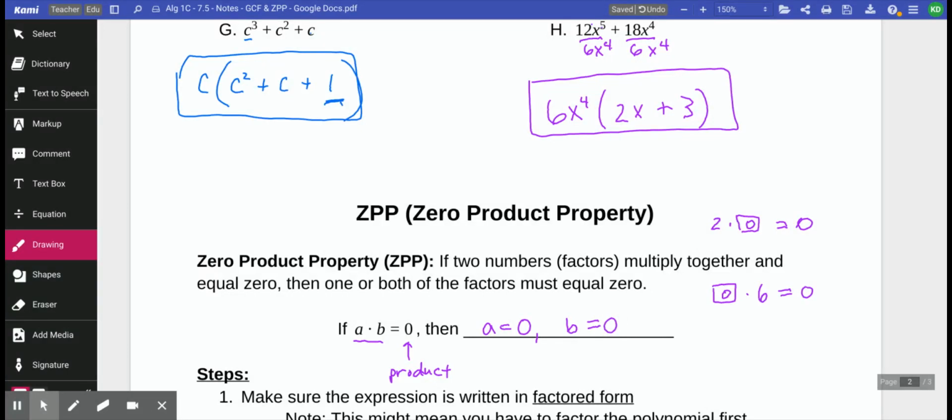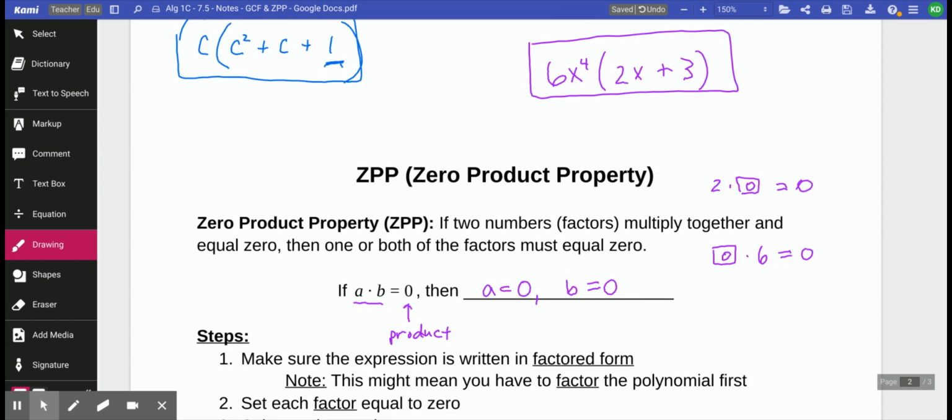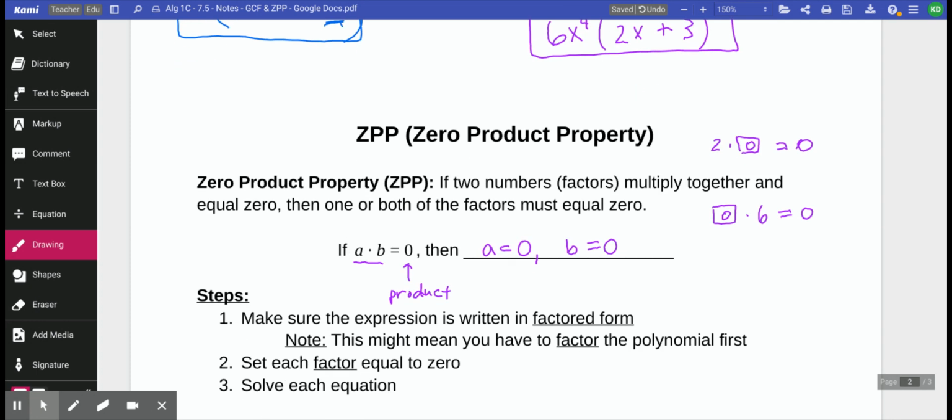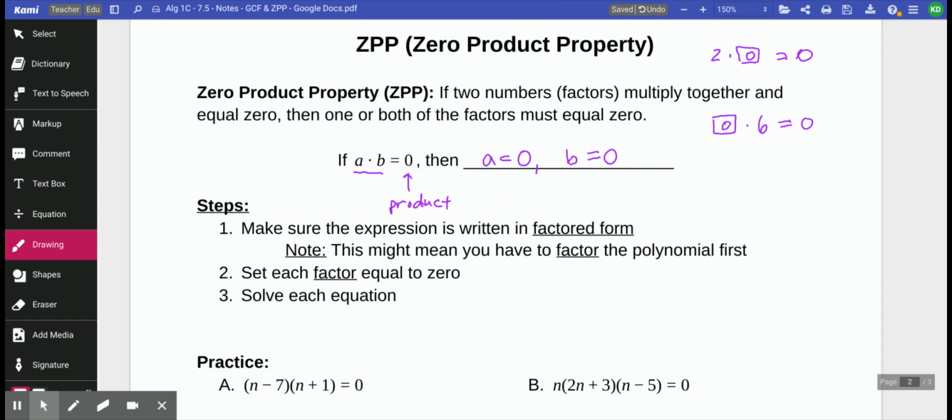And we're going to use this property to help us solve equations. So we're going to use our factored form, which we just learned how to do, and then we're going to use this property of 0 to find what some numbers can be. So 0 is one of the special numbers because if I multiply to get 0, one of my factors has to be 0.